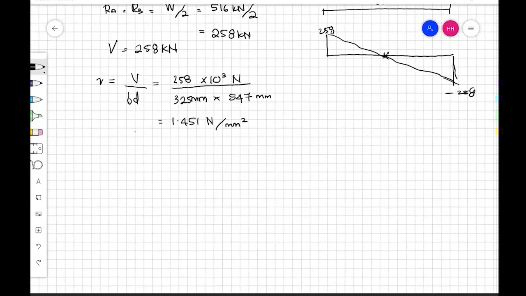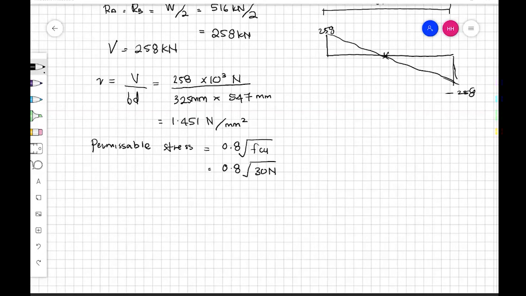Because we want to know whether the shear stress at the cross section exceeds the permissible stress. The formula for permissible stress is 0.8 square root of fcu. If you still remember, I explained this before, so check back the notes on permissible stress.